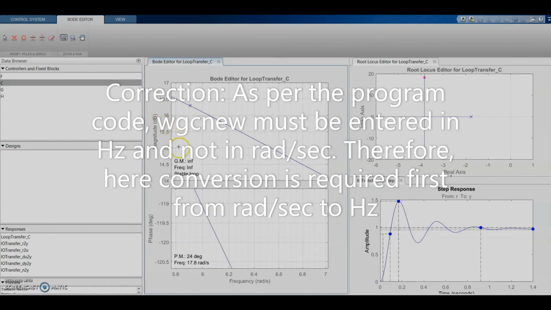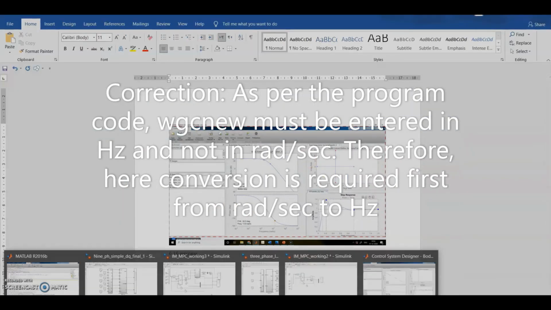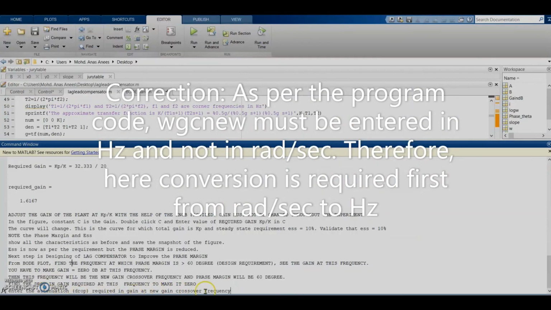Now if this 15.7 drops to 0, then, okay, so we are writing it here. Enter the attenuation required.